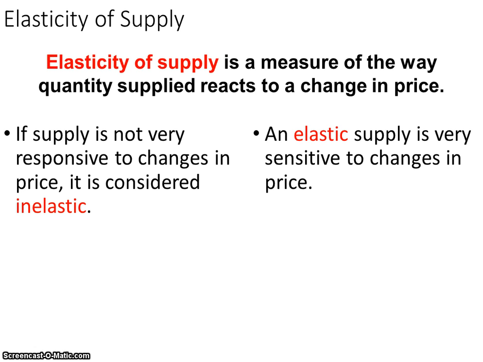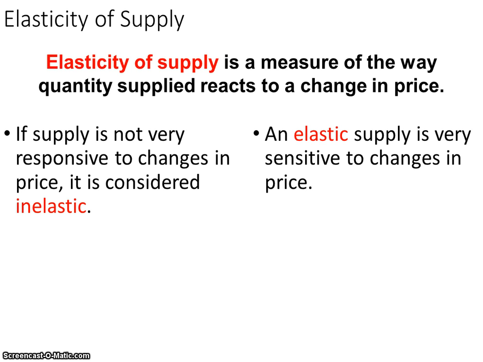Try to remember what we talked about when it comes to rubber bands. Rubber bands are elastic. They're very sensitive to pressure changes. They stretch, they move, they adapt. If something is not responsive, it is inelastic. If that rubber band is stiff, if it's old, if it's frozen, it's not going to be responsive.